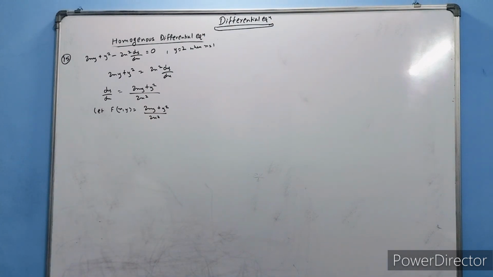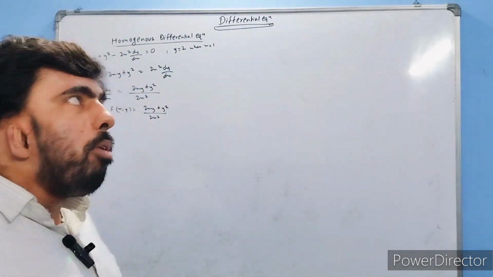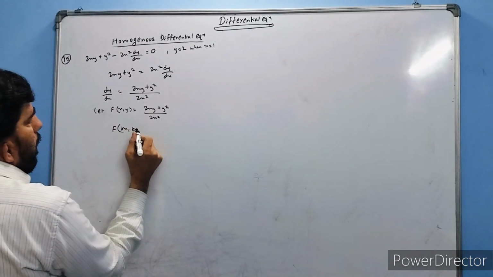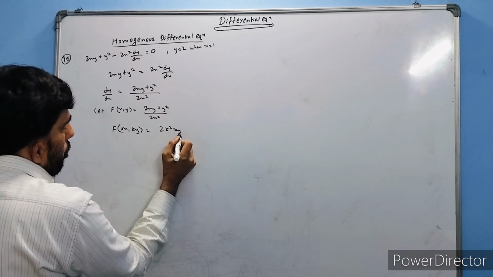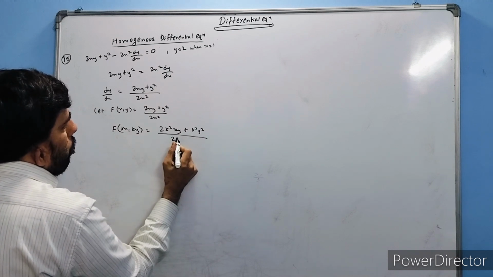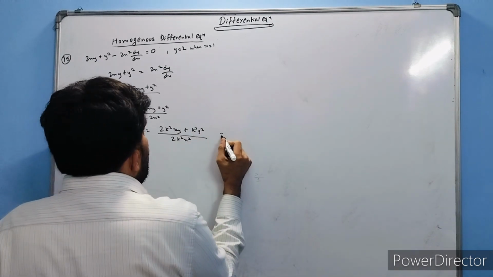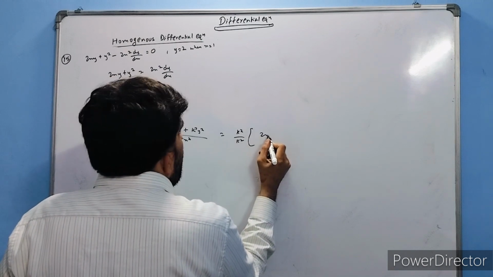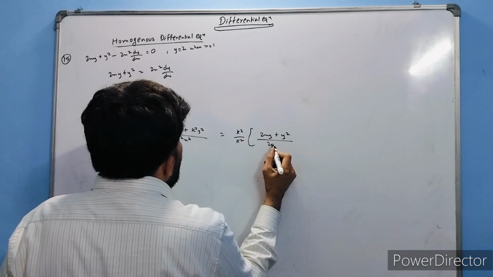Now, in order to know whether this differential equation is homogeneous or not, we'll replace x and y by kx and ky. So now I have 2k square xy plus k square y square upon 2k square x square. Now we can take it common, so we have k square upon k square, and 2xy plus y square upon 2x square.